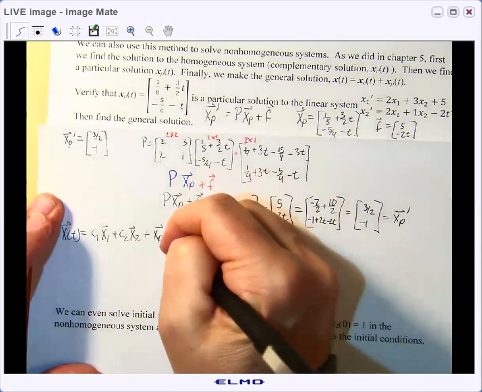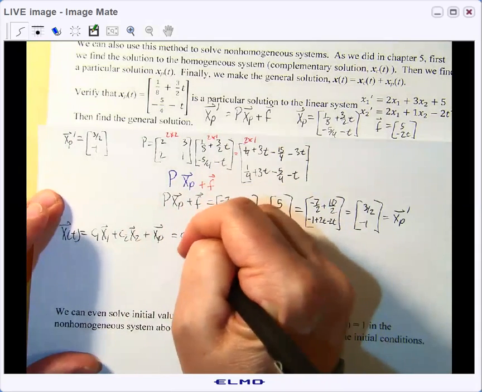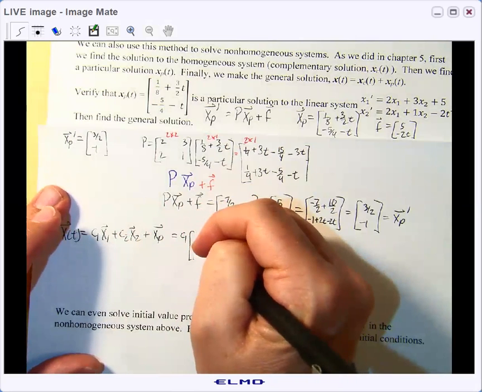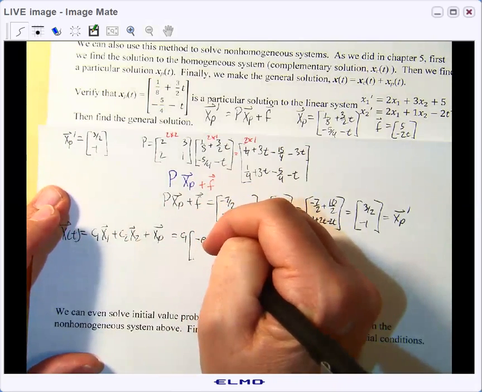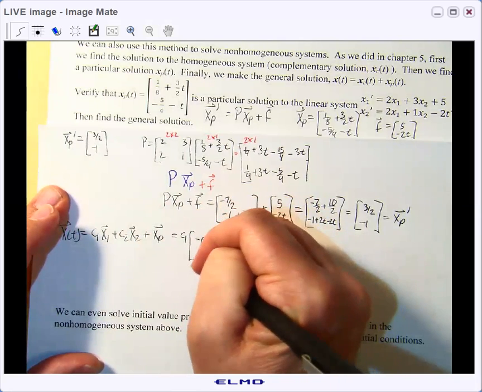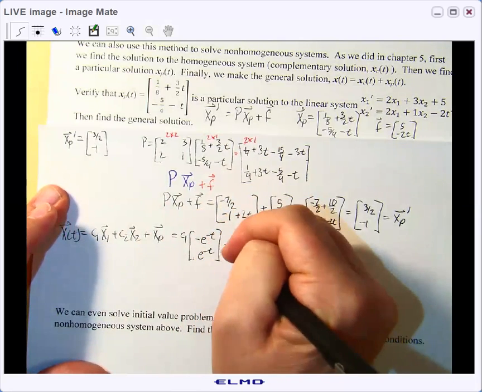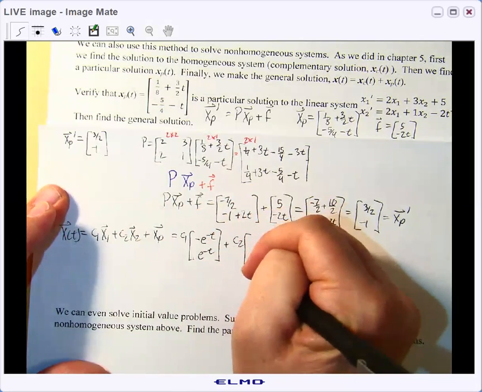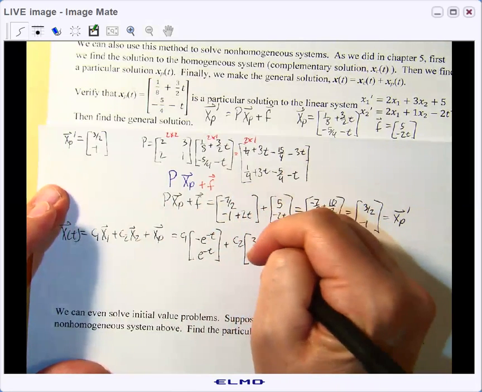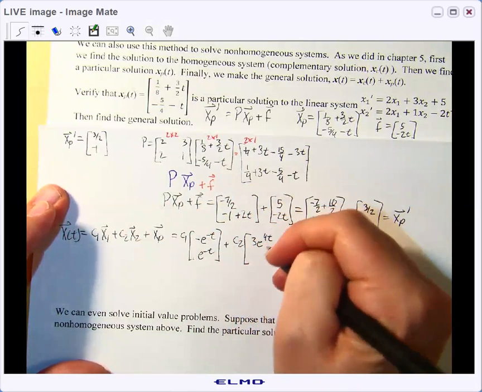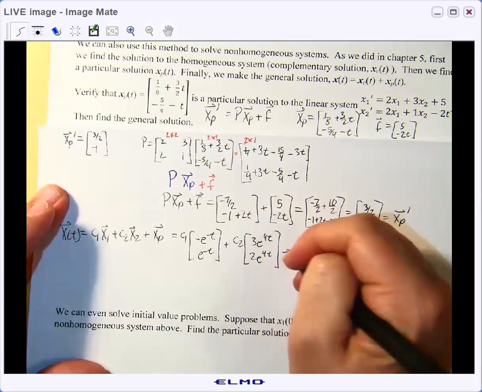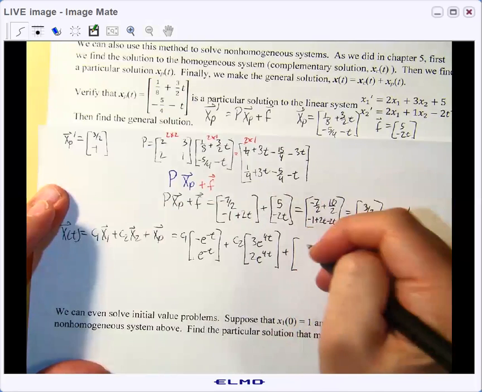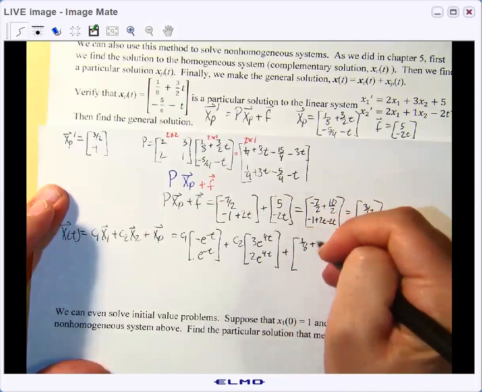Or in other words, c1 times negative e to the negative t and e to the negative t, plus c2 times 3e to the 4t and 2e to the 4t, plus our particular solution, which was 1/8 plus 3/2 t.